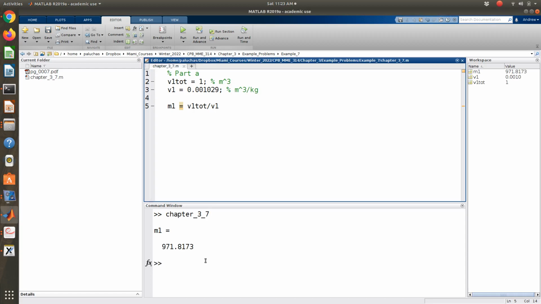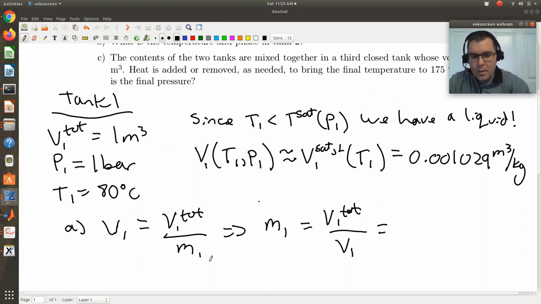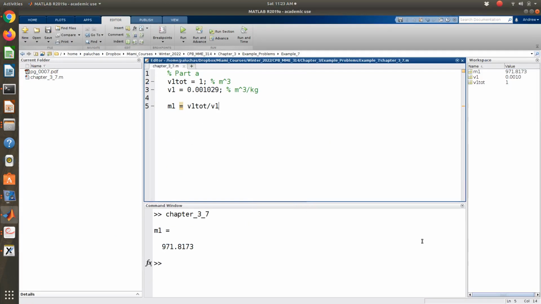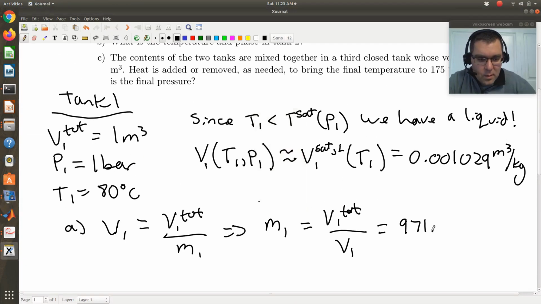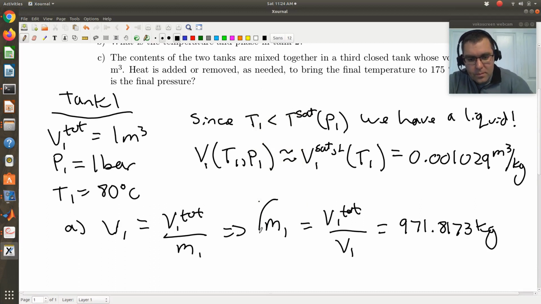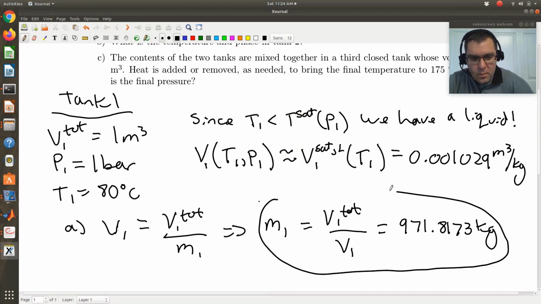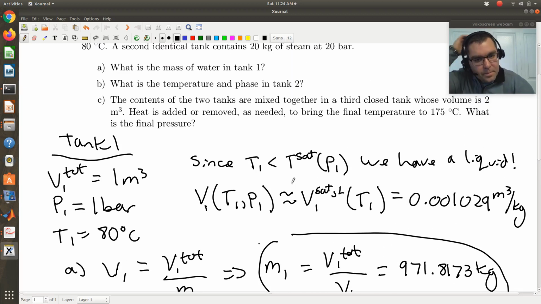Okay, so my mass is 971.8173 kilograms. Again, this is a liquid.